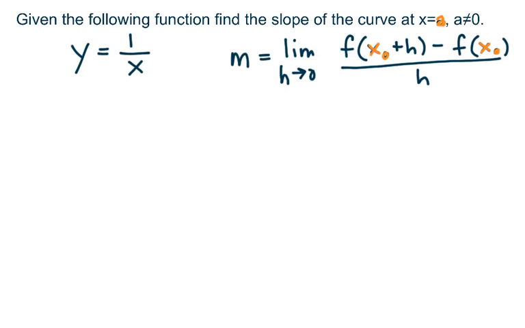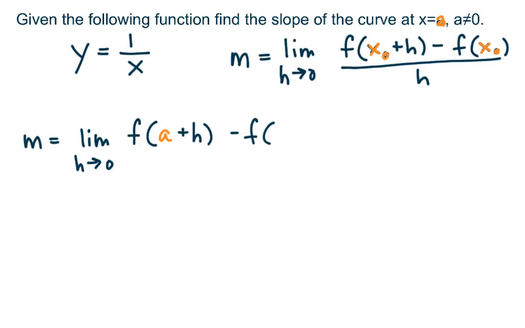So what we'll set this up as is, my slope is the limit as h approaches 0 of f of a plus h minus f of a, all divided by h. And so at this step right here, it really doesn't look all that different from the definition that we're using. But we need to figure out a way to evaluate this.